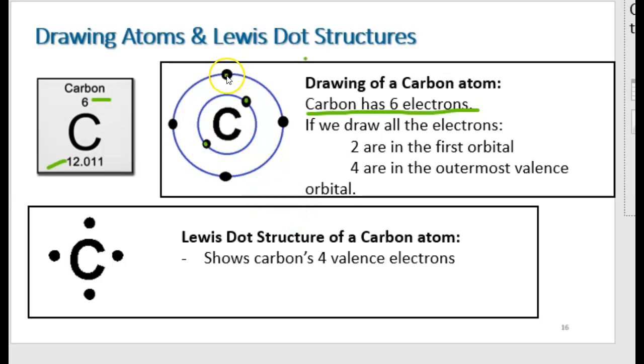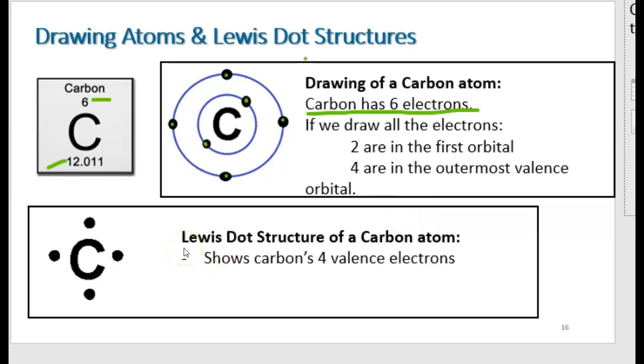And the second orbital has 4 electrons. How many more can fit in this valence orbital? 4 more could fit. That tells you, just glancing at this, that it's probably going to want to gain 4 other electrons in some manner. And we'll talk about that later.